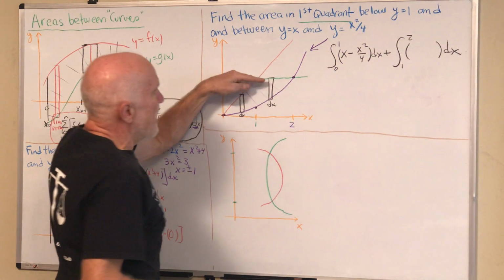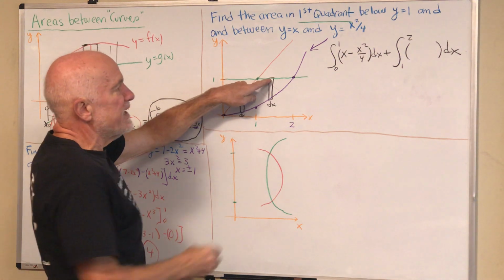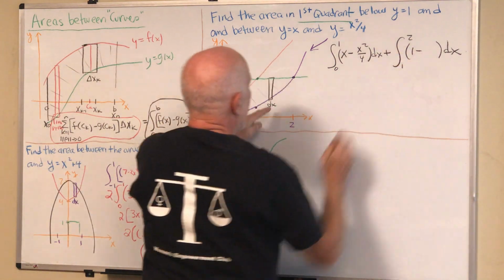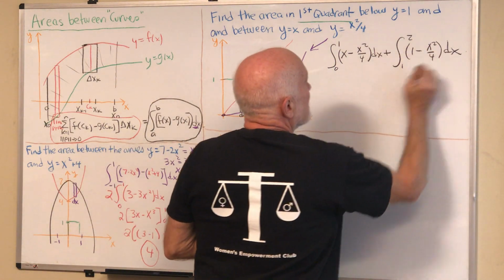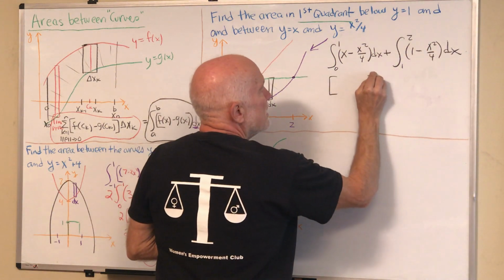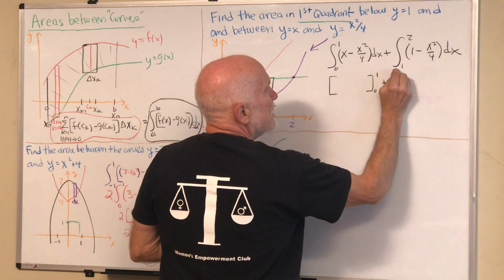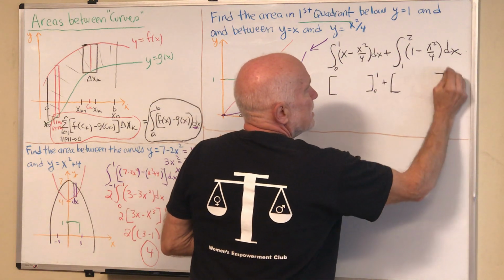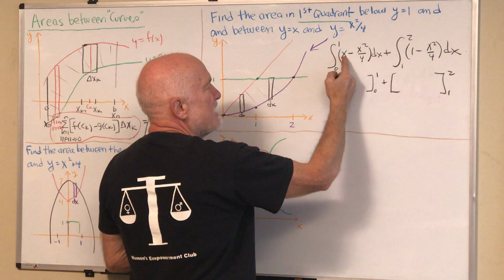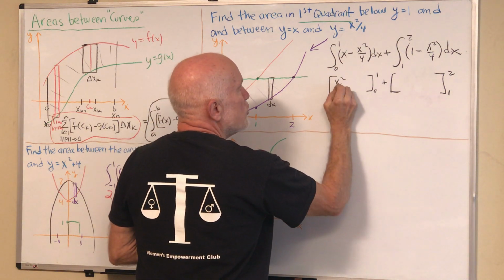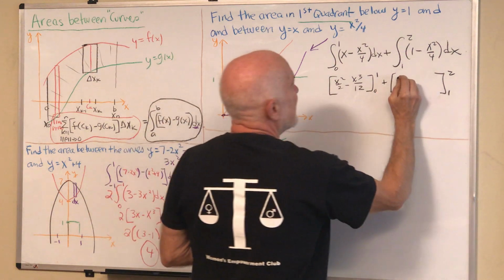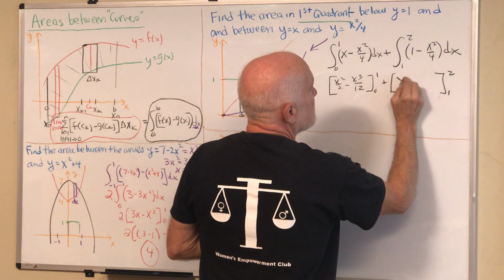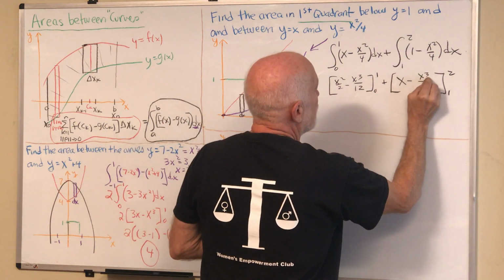And now my upper one is y equals 1, and the lower one is the same parabola. So I have 2 to do here. Antiderivative, x squared over 2 minus x cubed over 12. On this side I get x minus x cubed over 12.